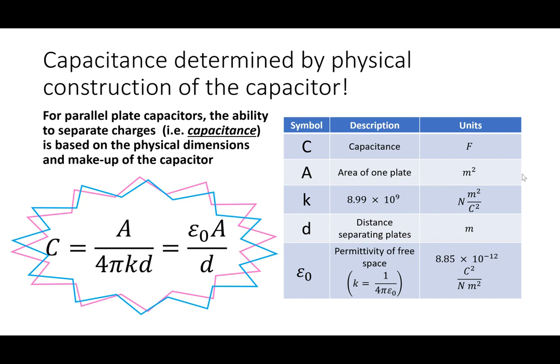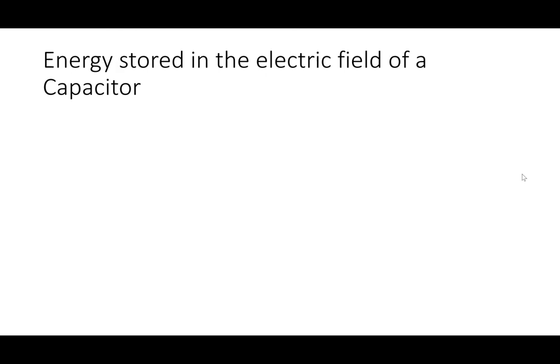Epsilon sub 0 is the permittivity of free space, and k is actually defined by this permittivity of free space, which is a fundamental constant. So k is actually 1 over 4 pi epsilon, which is why it looks like this. And so epsilon sub 0, also on your equation sheet, is just 8.85 times 10 to the negative 12th coulomb squared per newton meter squared.